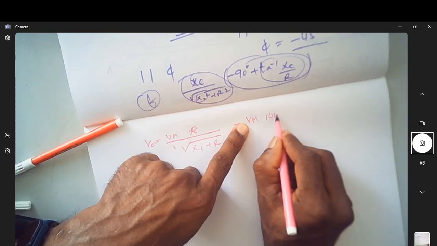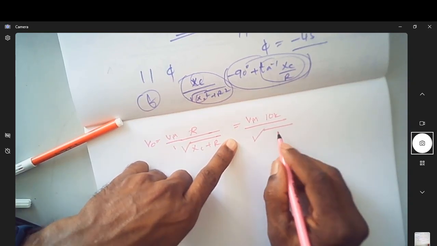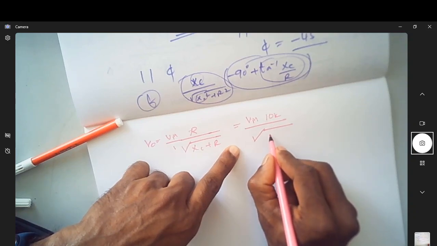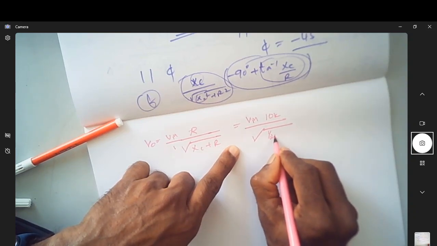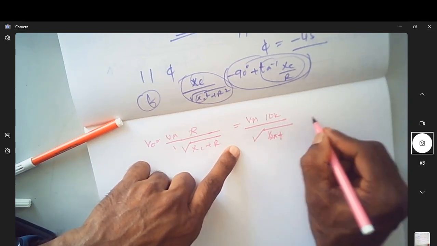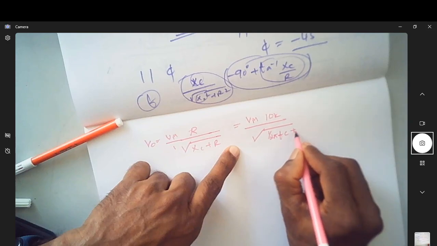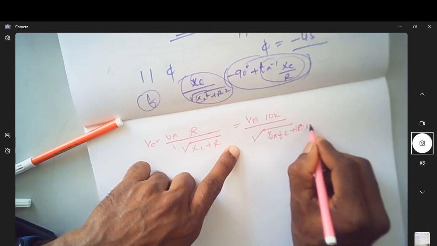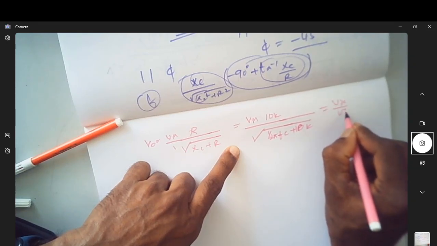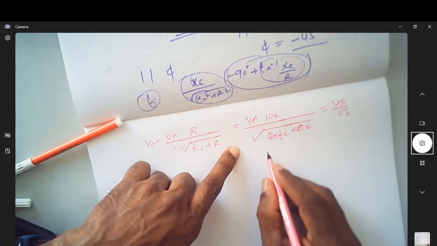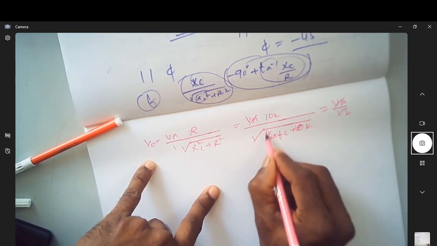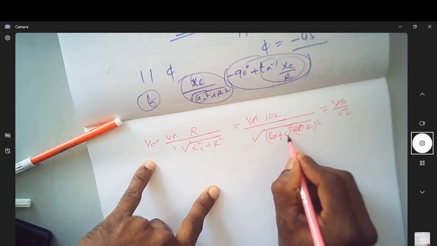R is 10k, divided by under root of XC, where XC is 1 over 2 pi f into C, squared, plus 10k squared, and this is equal to V in by root 2. This V in will go off.